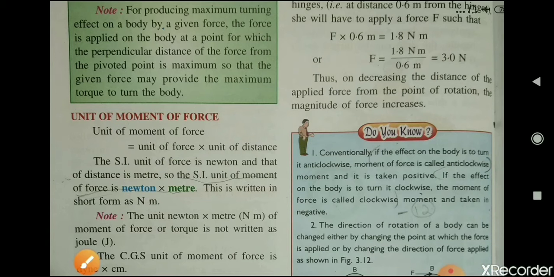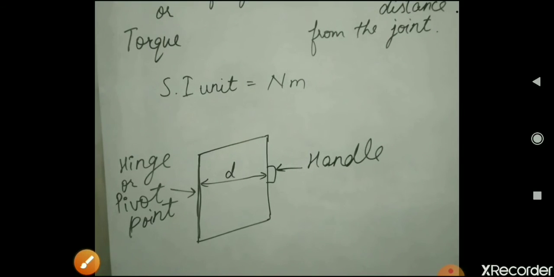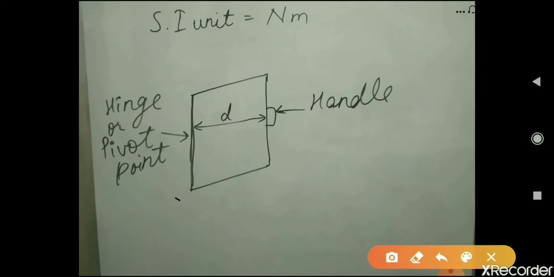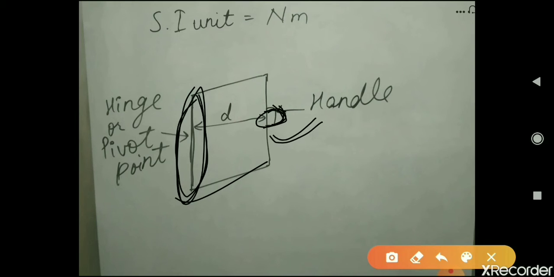To make it more clear, we will see an example here. Suppose this is a door, and this is the pivoted point of the door, means from where the door is joined. You have seen that the handle of the door is always on the other end of the door. Now, why is this handle always here? Why is it never in between? Because this is the maximum distance between the pivoted point and the point where the force is applied.